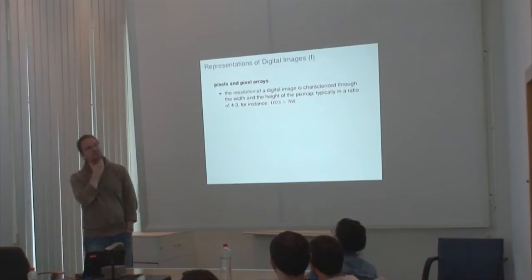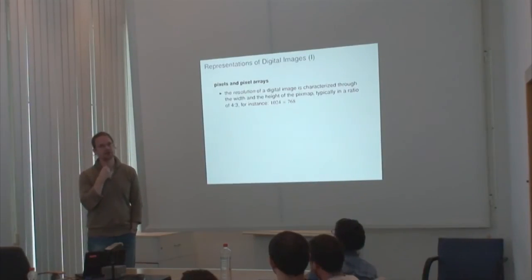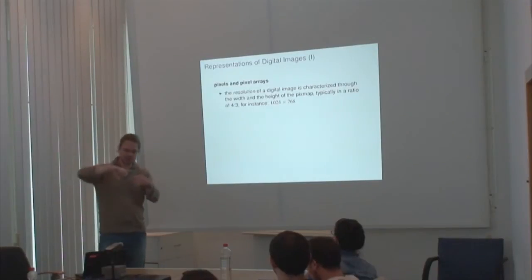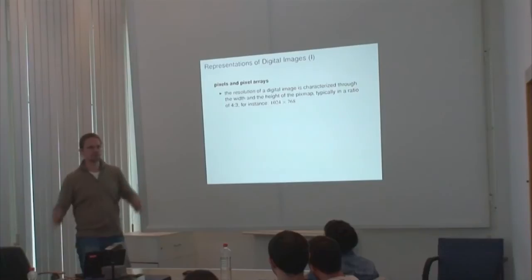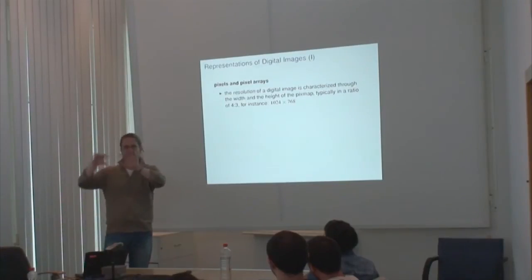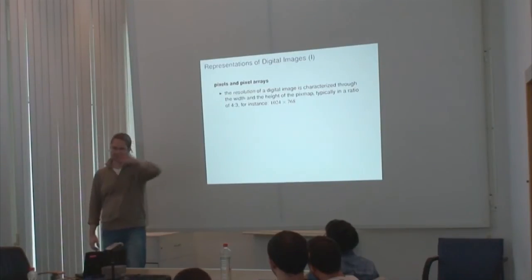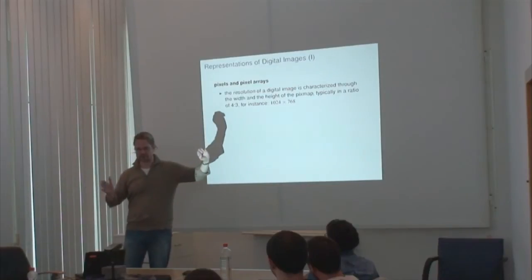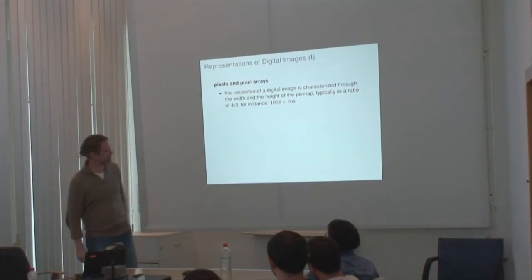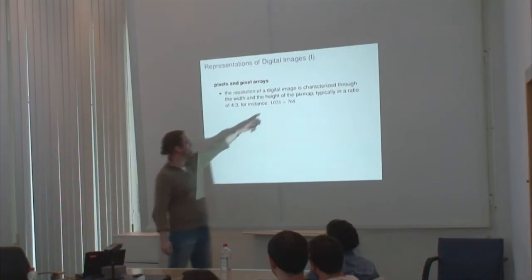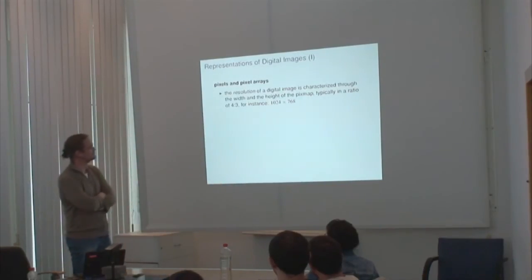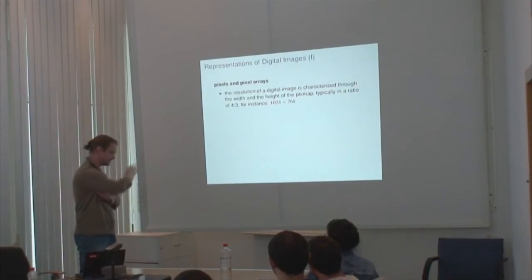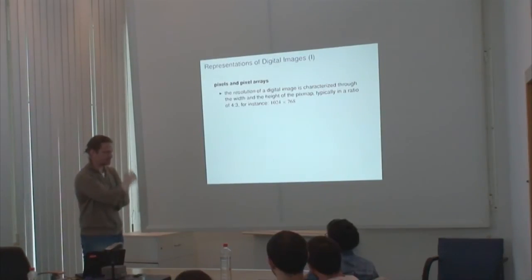And typically these pix maps consist of pixel arrays with a ratio of 4 to 3. There's typically more pixels along the X direction than along the Y direction, and the ratio is typically 4 to 3. This is 2 numbers: the number of pixels in the X direction, the number of pixels in the Y direction.